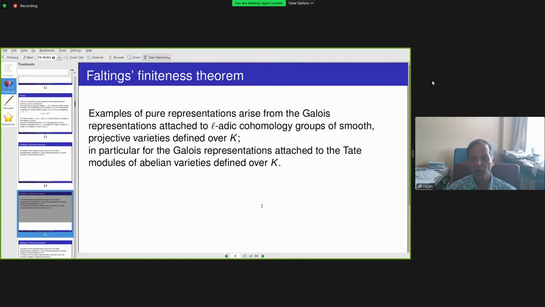The weight for an elliptic curve is 1, so you know that the eigenvalues of the Frobenius all have absolute value p to the power half, if I'm working with an elliptic curve defined over Q.